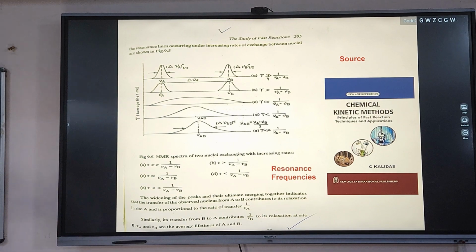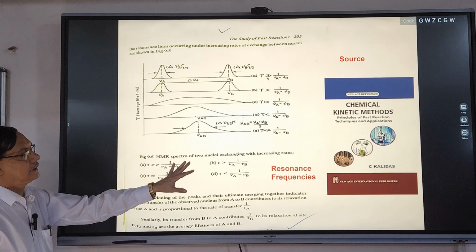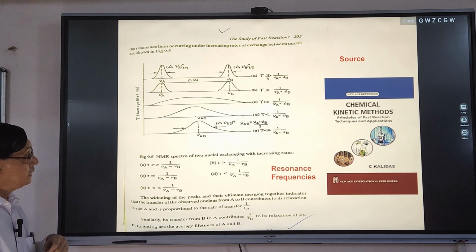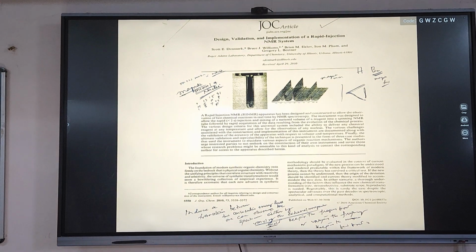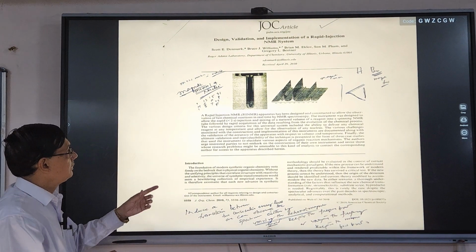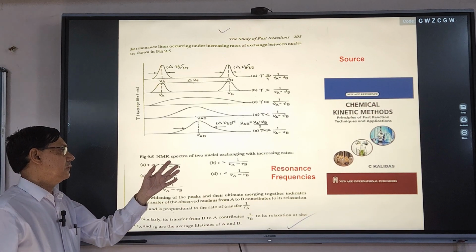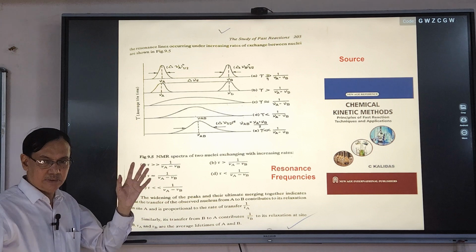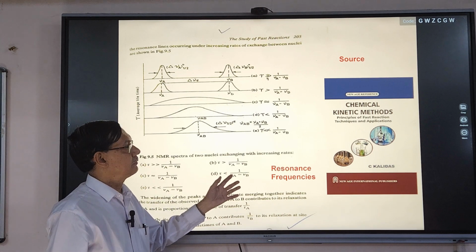Now suppose these are all not very fast, but conventional reactions. But suppose the reaction is very fast. I am using another method. Sometimes you can call it the offline measurement of the resonance frequencies, and this is for not very fast reactions.